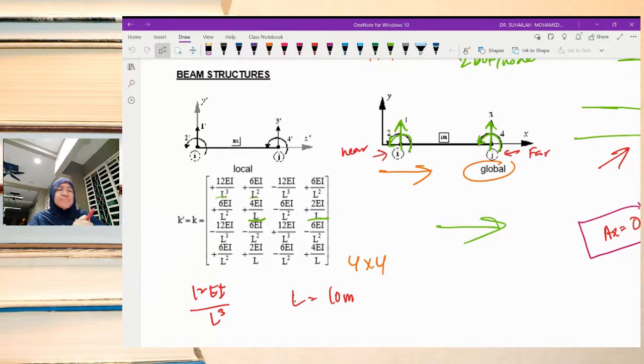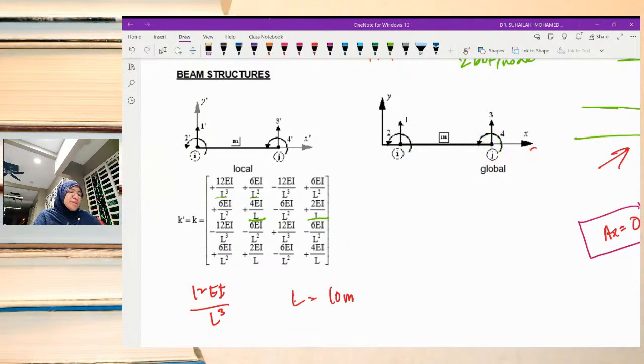Beam has 2 degrees of freedom in y and in z direction.